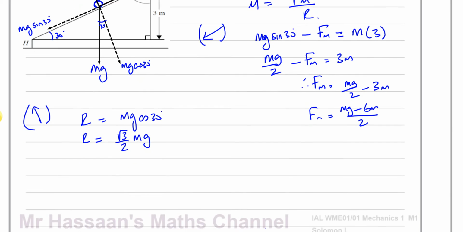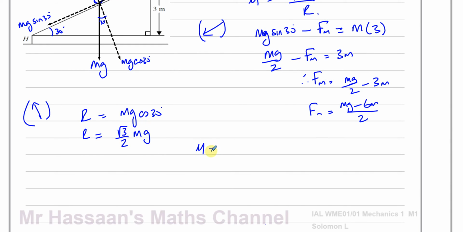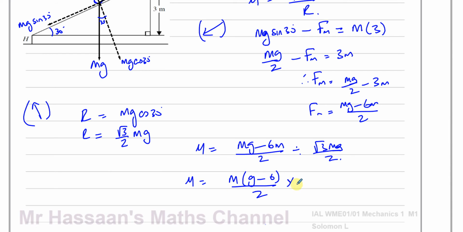So we've got to find the value of mu. So mu is equal to (mg minus 6m) over 2, divided by root 3 mg over 2. Okay, you're dividing those two. What we can see here is you will end up with mu equals, I'll take this m out as common, m(g minus 6) over 2 times 2 over root 3 times mg, because when you're dividing two fractions, you write the reciprocal of the second one and multiply them.